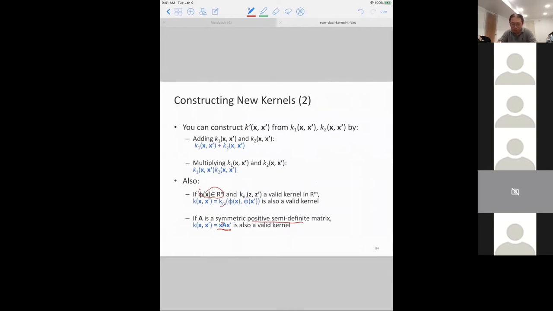And I can also randomly construct one, for example a sign function of the squared norm of x minus 1. It's not a valid kernel; you can verify by yourself. So it's very easy to find non-valid kernels, but not easy to construct a valid kernel from scratch.